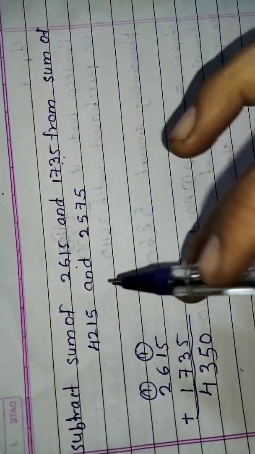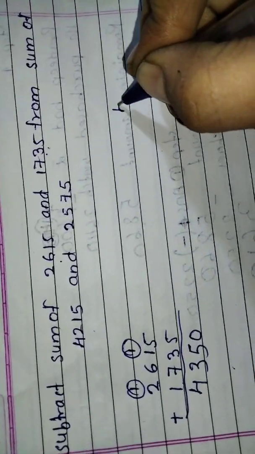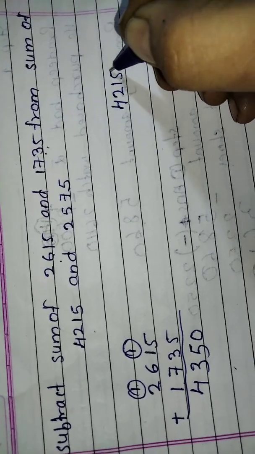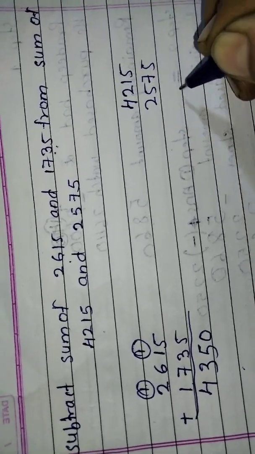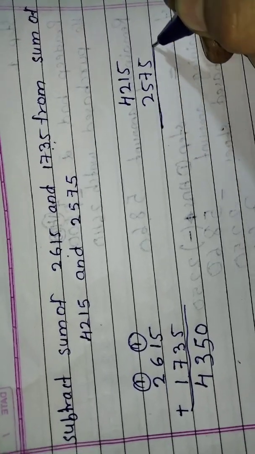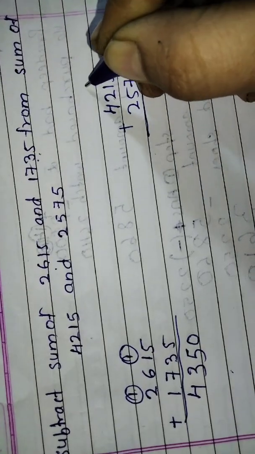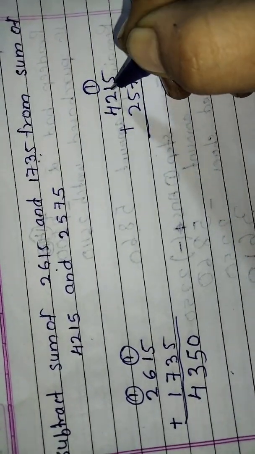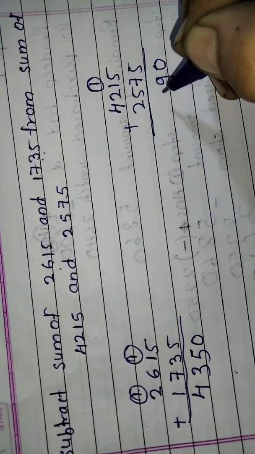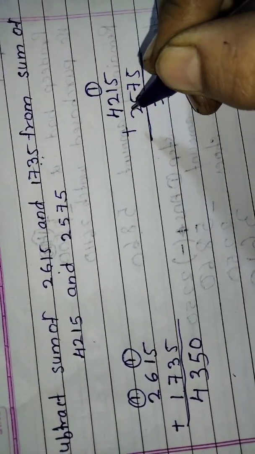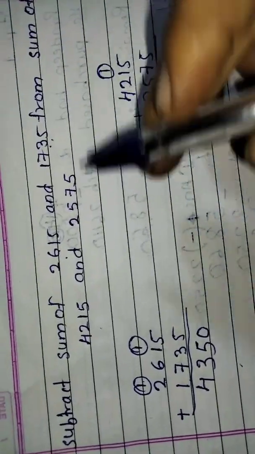Now we have to see the sum of these two: 4,215 plus 2,575. 5 plus 5, 10. 7, 8, 9. 5, 6, 7. 4, 5, 6. This is the answer of these two.